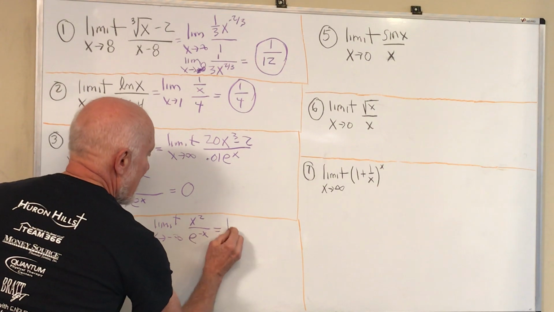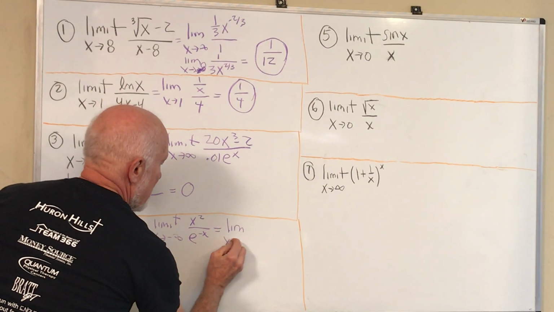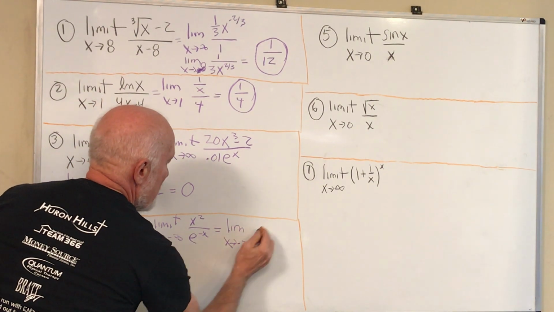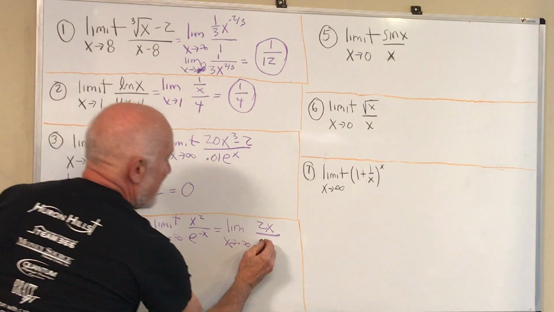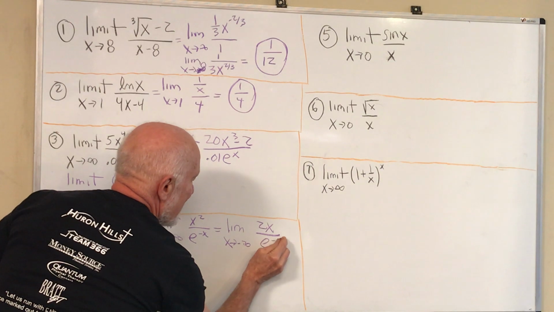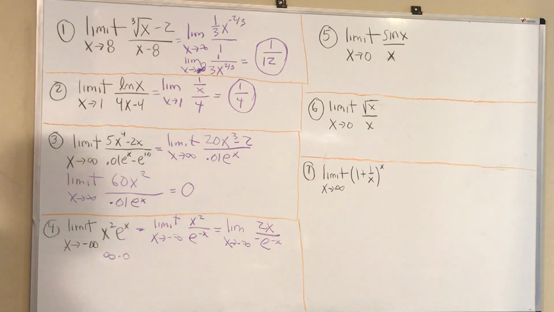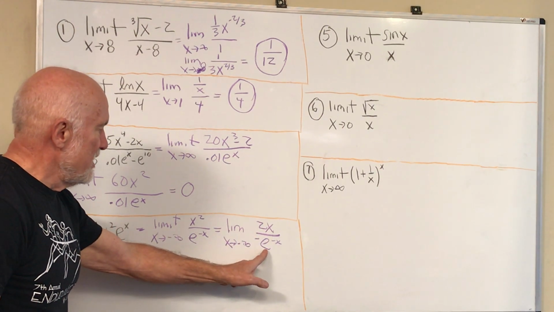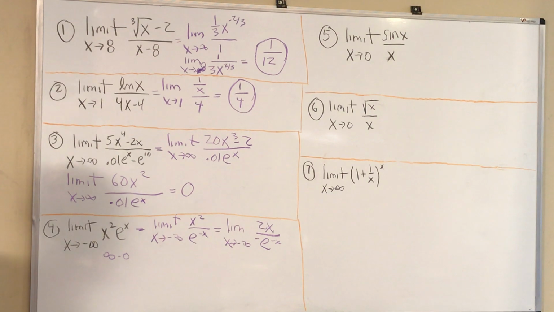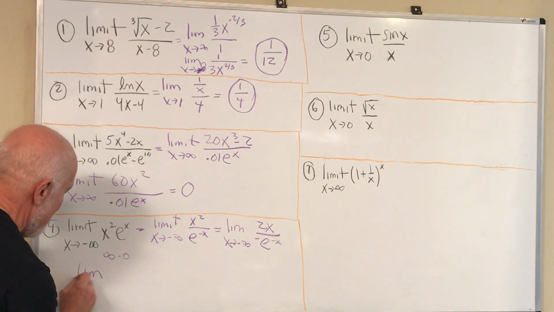So L'Hopital. Now we get 2x over, and the derivative of e to the minus x is e to the minus x times a negative 1. So now we get negative infinity over negative infinity. So L'Hopital again.